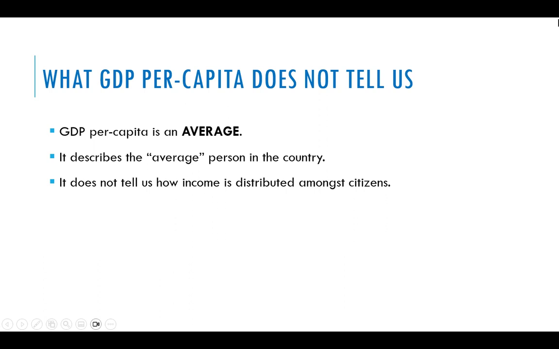But here's the thing, it doesn't tell us how income is distributed amongst citizens. Just knowing something about that average person is good, right? It allows me to say the average person in the United States is probably better off in standard of living than the average Thai person, if we're just caring about dollars and purchasing power. But it doesn't tell us how income is distributed.